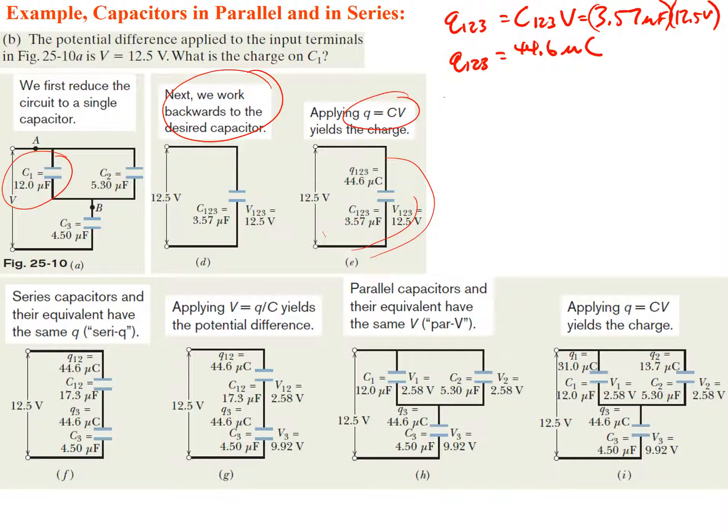Now that we found the charge, we know that series capacitors and their equivalent have the same Q. So if this is the Q of the combination, each of the ones in series also has that same Q. Therefore, Q12 is equal to Q123, where Q12 was the one when we broke it out and had just this top capacitor here.